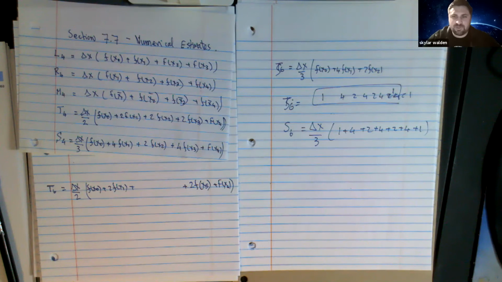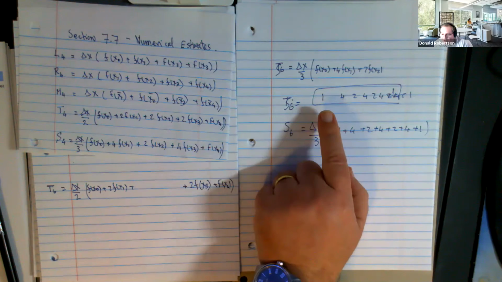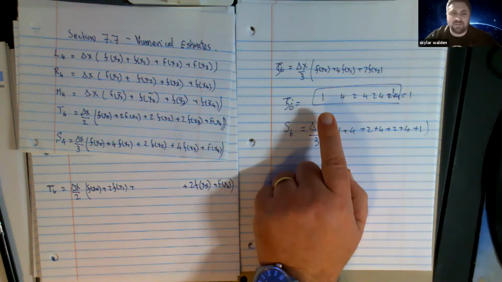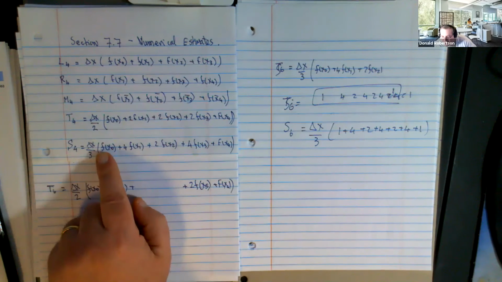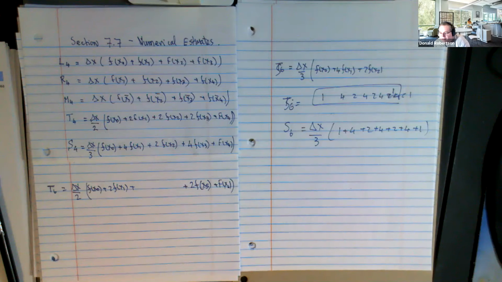How come it alternates like 1, 4, 2, 4? Why does it do that? Yes. And it's basically, trust me, I'm a mathematician, that's the formula that you use, right? If you want to know where it came from, do you know how the trapezium came by making strips but joining them with a straight line, making those little trapezium shapes?